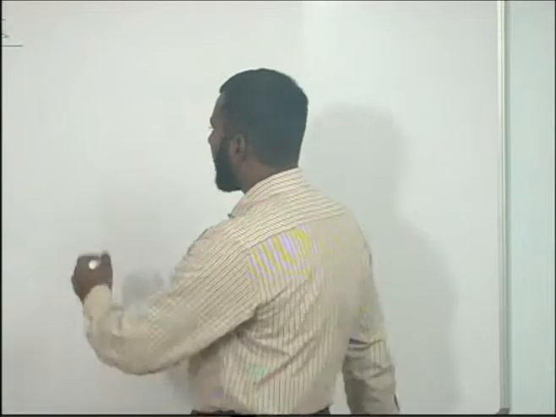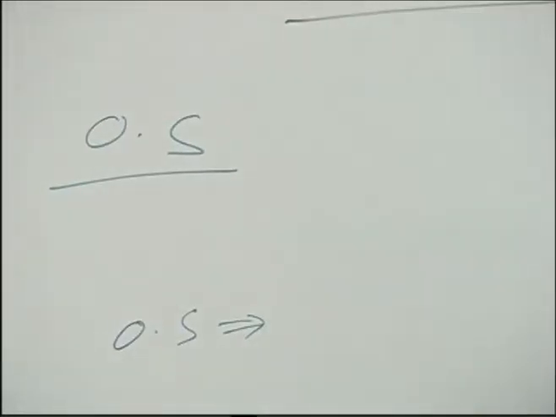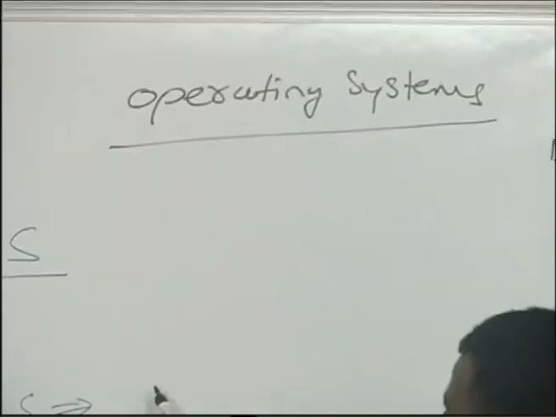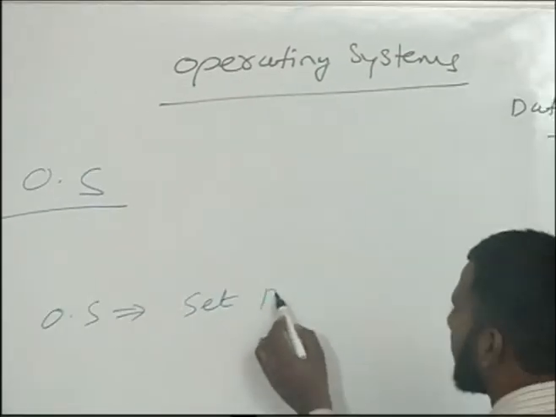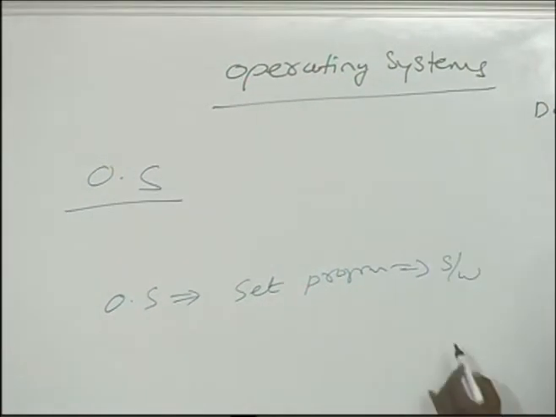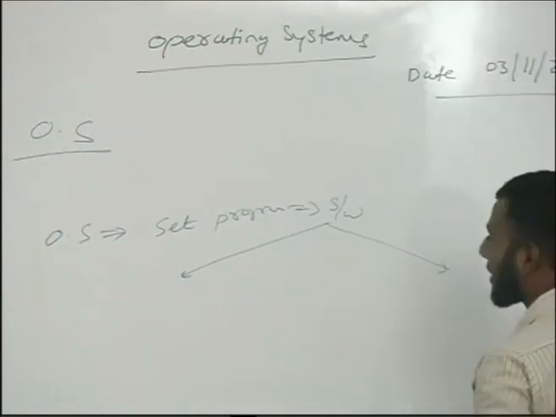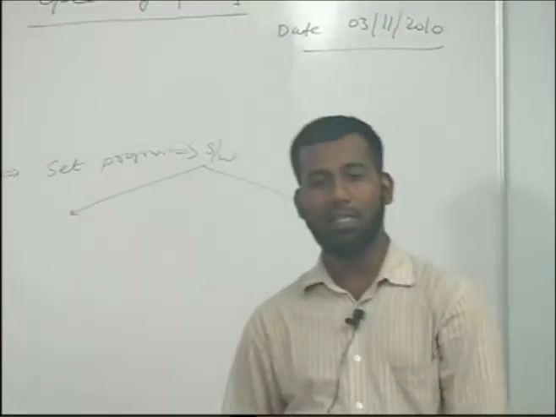The first point to be remembered is that an operating system is a very complex program, a set of programs. We call it software, and we know that according to engineering principles, software has been classified into different categories.